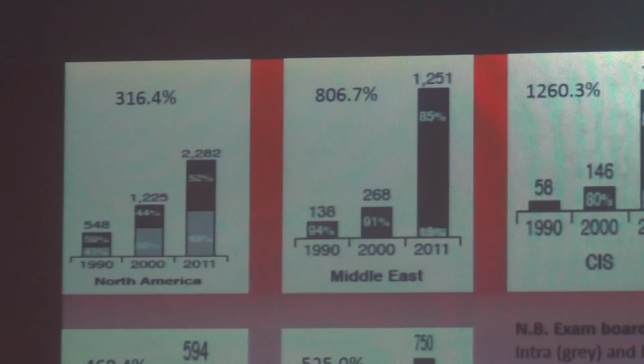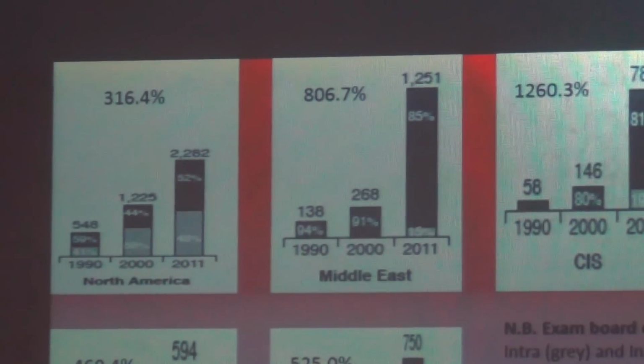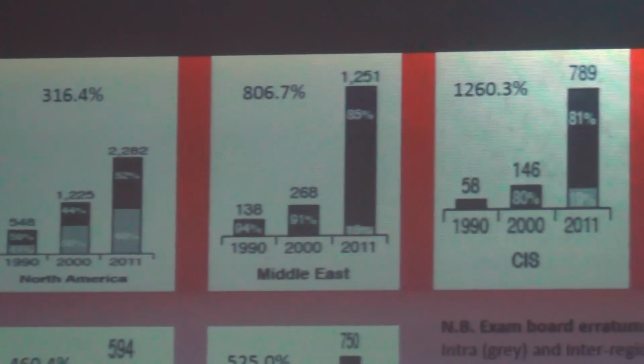So for example, in North America in 1990 we have a value of 548 billion US dollars, and in 2011 we have a figure of 2,282 billion US dollars, or 2.2 trillion US dollars. And if you work out the percentage increase there, that is a 316.4% increase. Doing the same for the Middle East, it's an 806.7% increase.